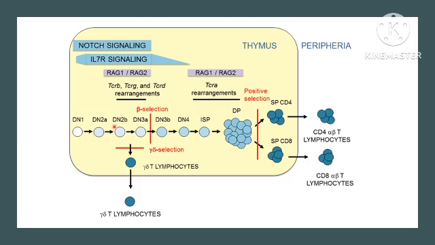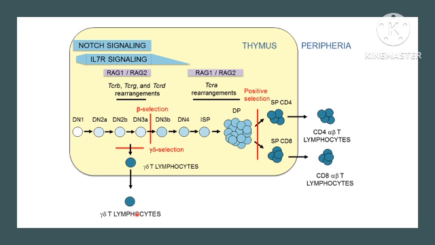After DN2A, the cell will undergo gamma delta rearrangement. If it is successful, leading to a productive rearrangement, that is a functional protein, then the lineage will be assigned as gamma delta T lymphocyte, and the cell will leave the thymus at this stage.